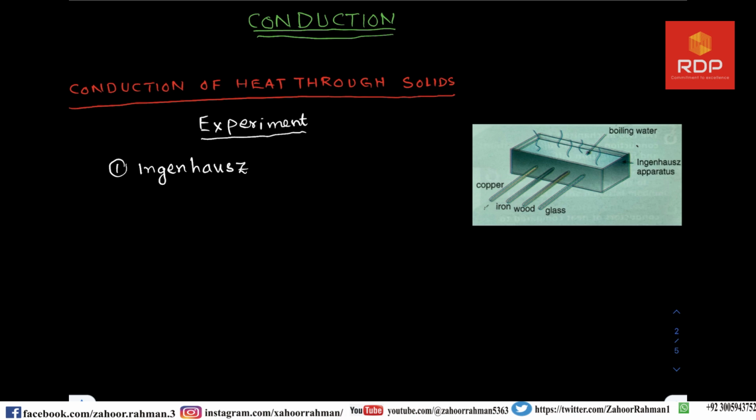This is the first one, and you can see on the right side of that picture that there is written Ingenhousz apparatus that contains a tub and rods of the same dimension but of different materials, which are copper, iron, wood, and glass.